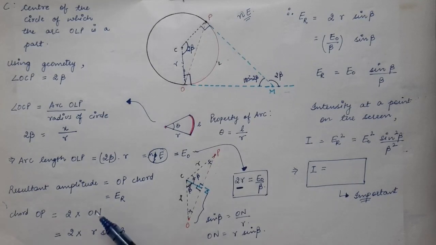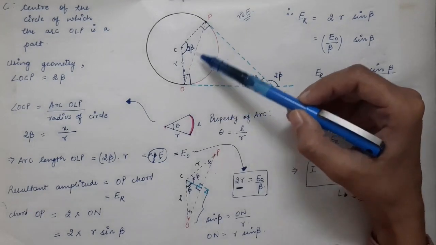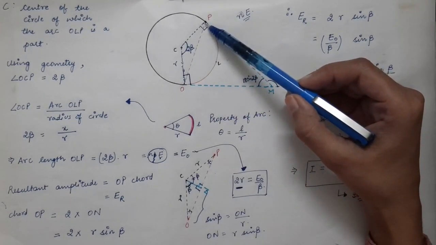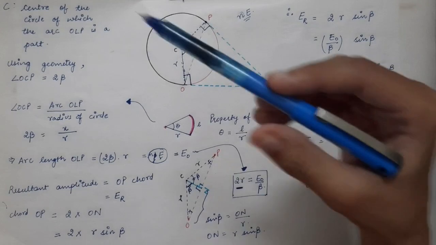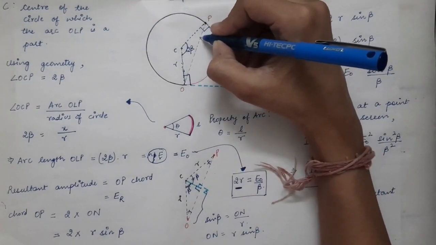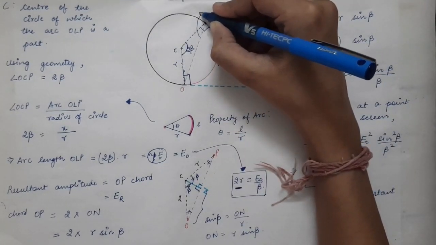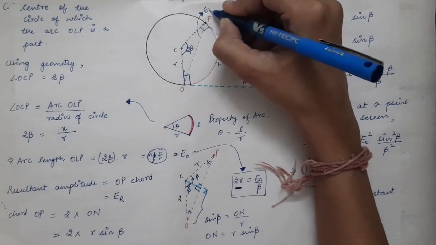So ON will be equal to R sine beta, and the length of the chord OP will be equal to twice of R sine beta. So chord OP has a length of 2R sine beta. Now this OP length is nothing but the amplitude of the resultant wave, and in the previous lecture we had assumed the amplitude of the resultant wave is equal to ER.